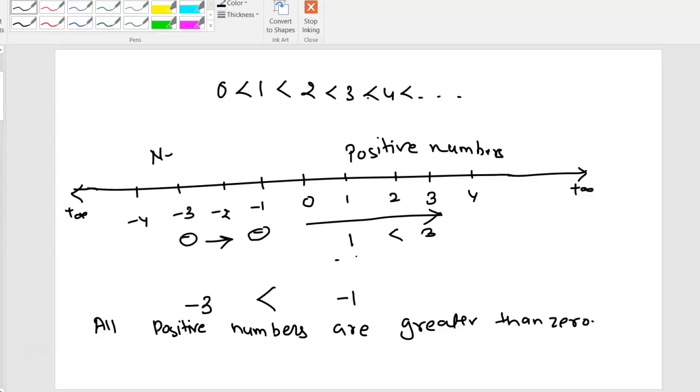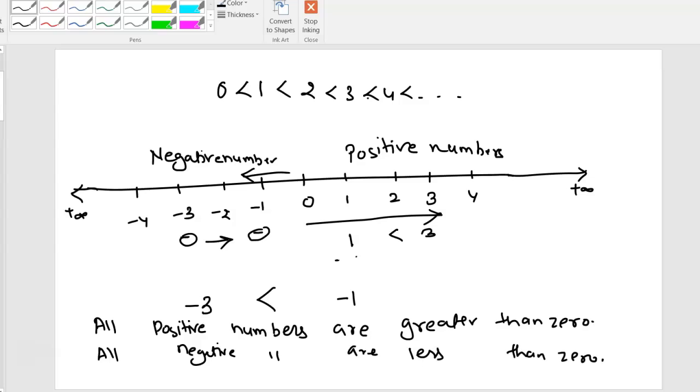Similarly, all the negative numbers, if you look carefully, are to the left of 0. So all negative numbers are less than 0.